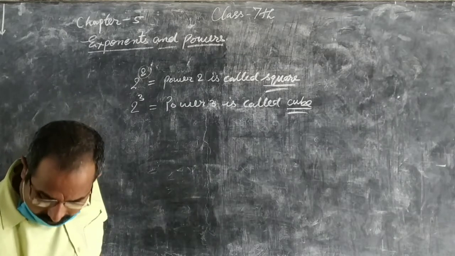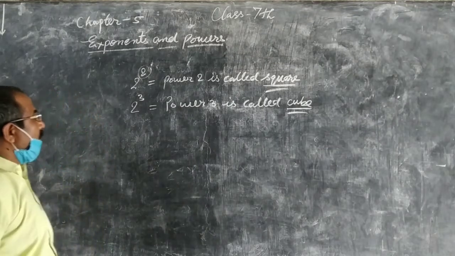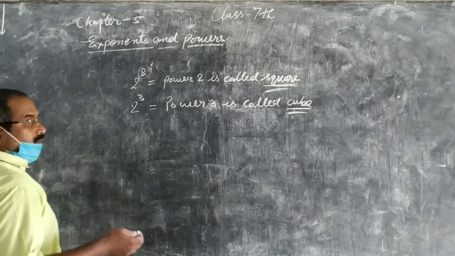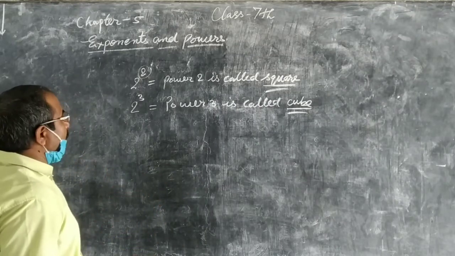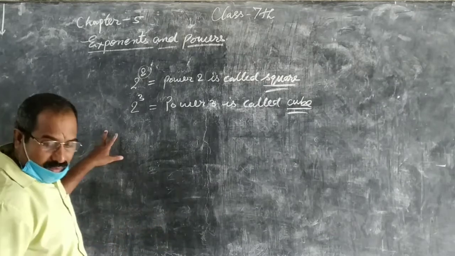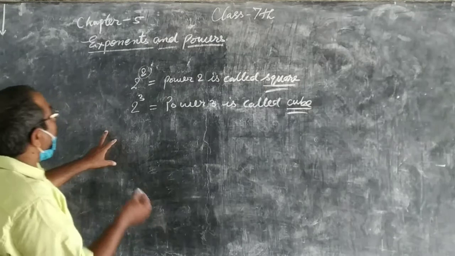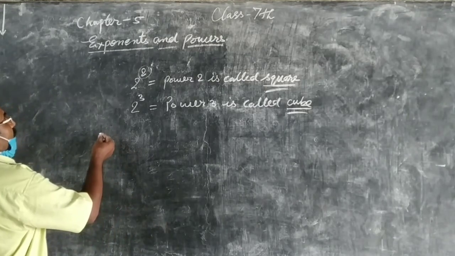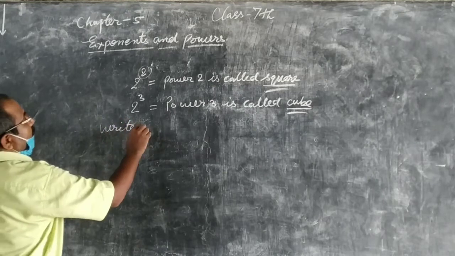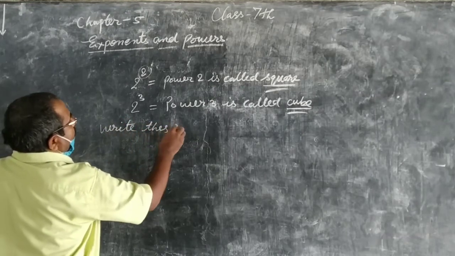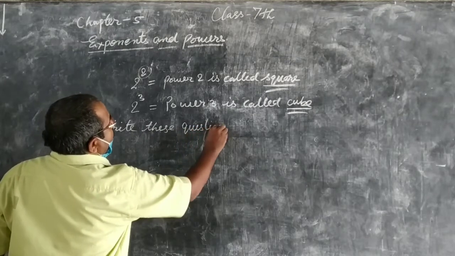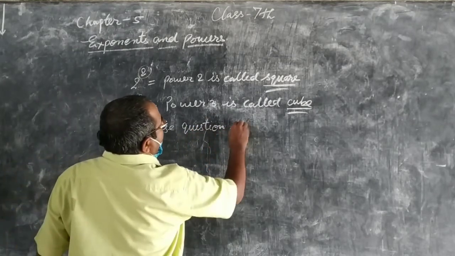If I ask you to find the value of the given different numbers, how will you find out? Suppose I am given, write these questions in short form.